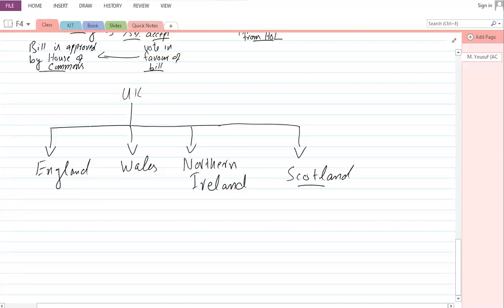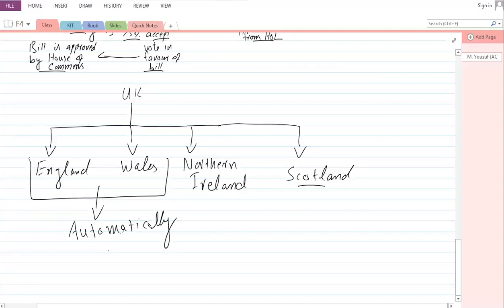If an act is passed by the parliament, on which area will it be applied? In England and Wales, it will automatically be applied by default. It is not going to apply on Northern Ireland or Scotland.